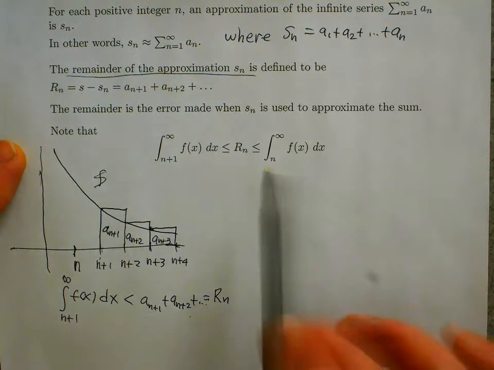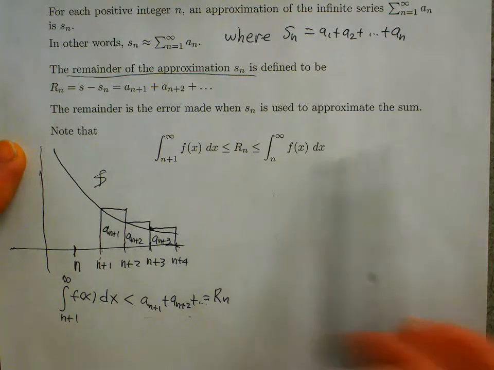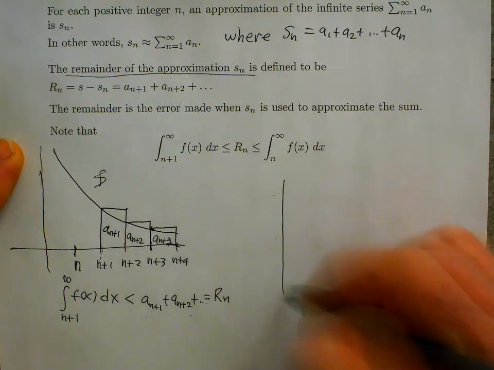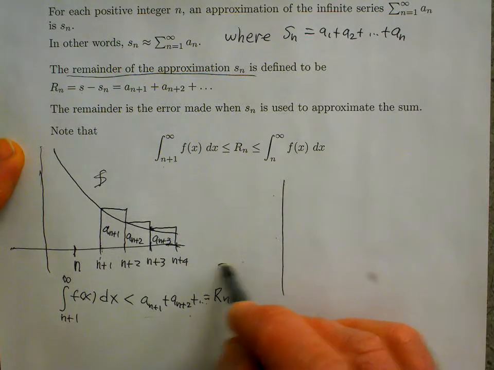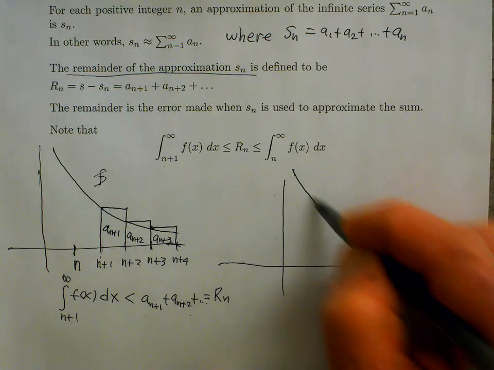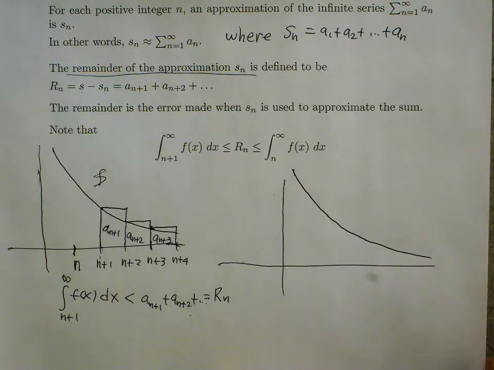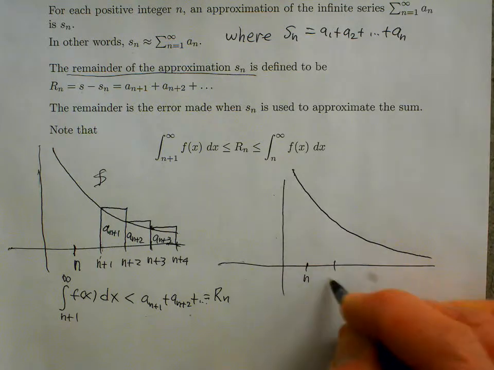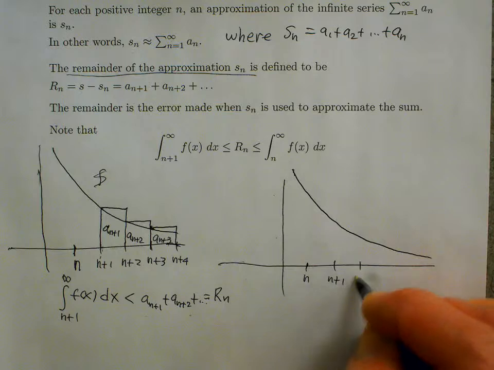Then the inequality on the right, so I'll draw another picture. So we'll start at n, then go to n plus 1 and n plus 2 and so on.